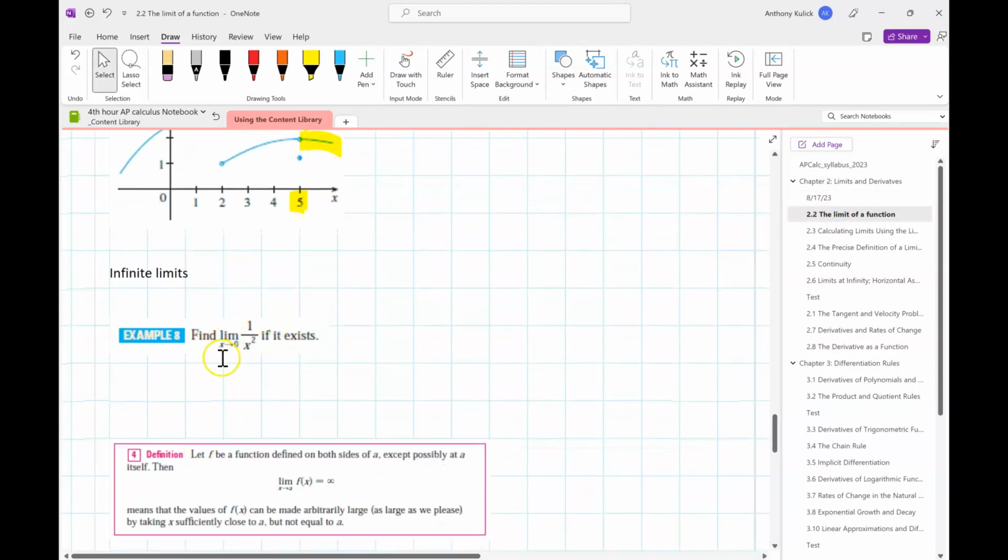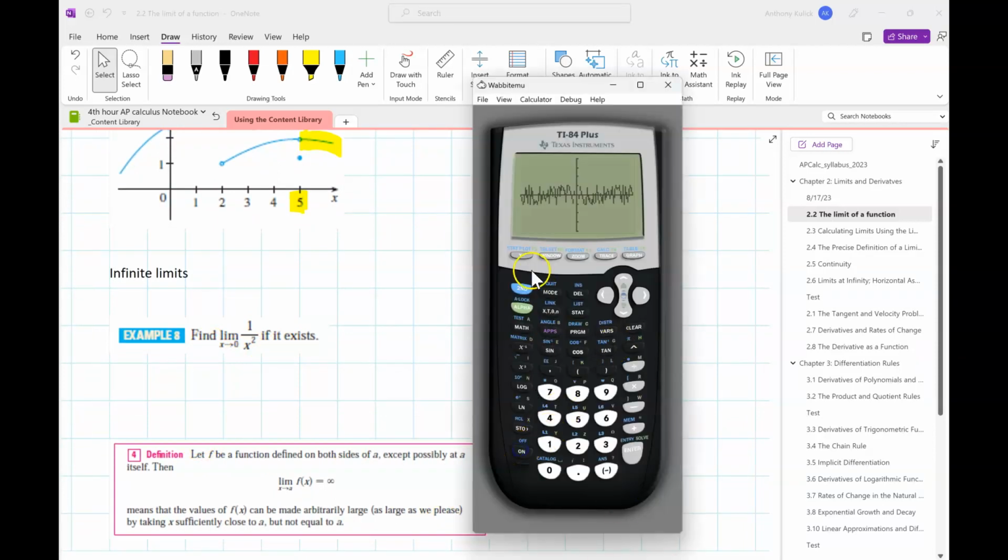Let's look at the limit as x approaches 0 of 1 over x squared. We'll just do a zoom standard on that. It looks like the left-hand limit is approaching positive infinity, and the right-hand limit is approaching positive infinity.